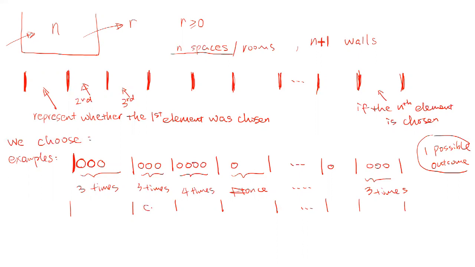The second element got picked twice. The third one got picked once. The fourth one got picked 5 times this time. This one got 2. And the last one got 3 times. This is another possible outcome.